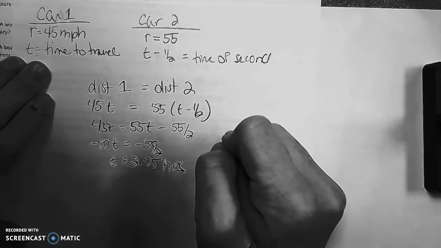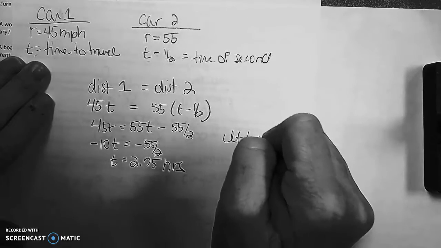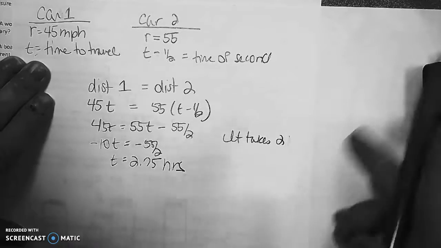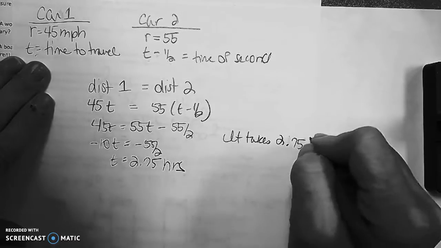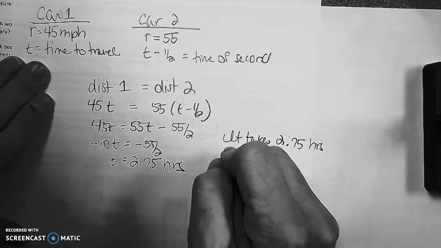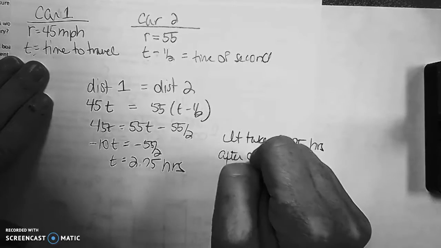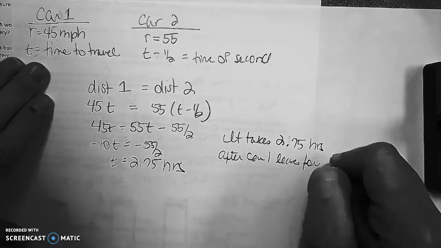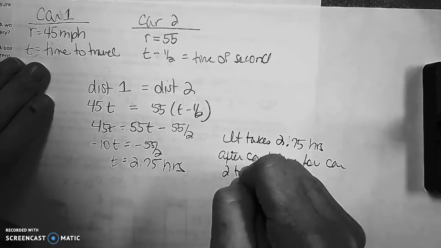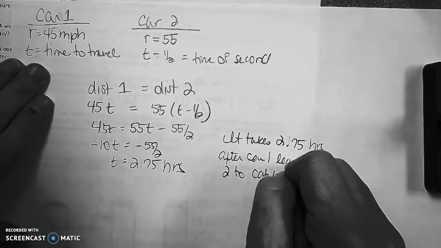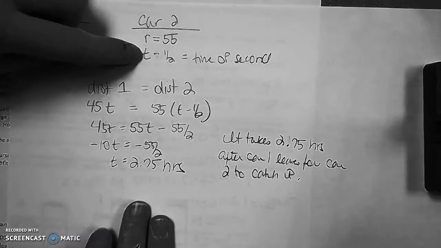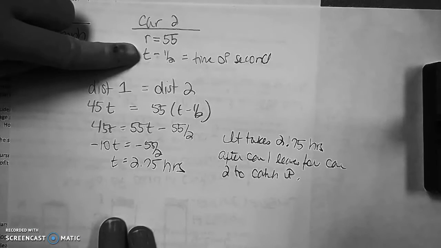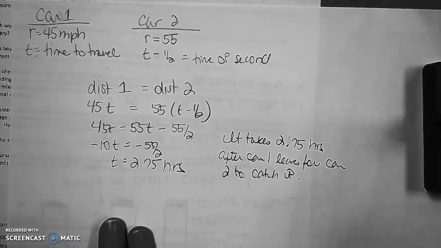So it takes 2.75 hours after car 1 leaves for car 2 to catch it. You could also say that it takes 2.25 hours from the time car 2 leaves to catch car 1. That would be fine as well.